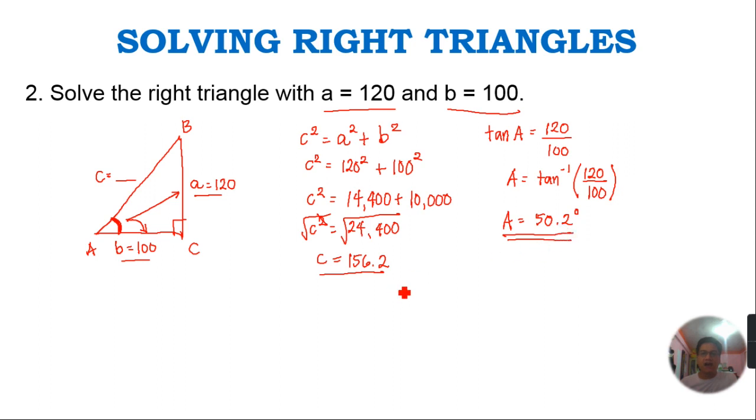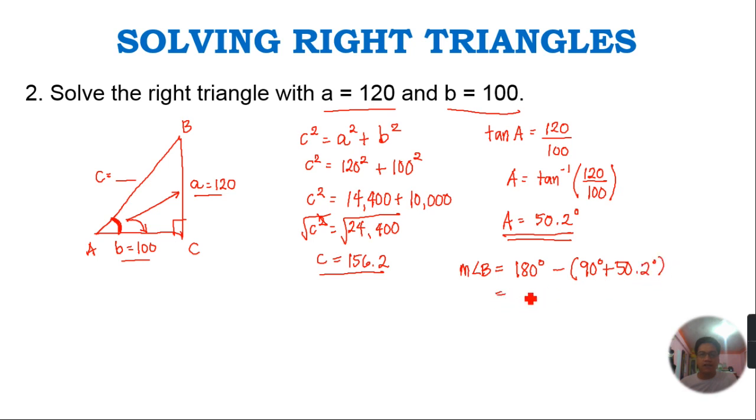Now, how are we going to solve for angle B? Simply, you just get the sum of the given angles, then subtract it from 180. So we say that the measure of angle B will be equal to 180 degrees minus, so we have 90 degrees plus 50.2 degrees.